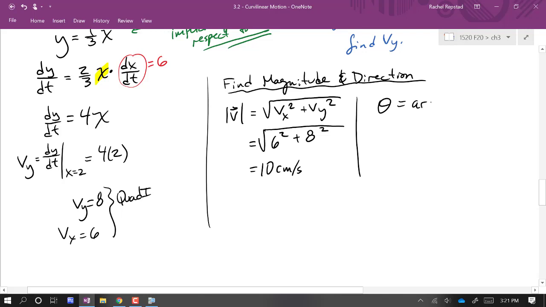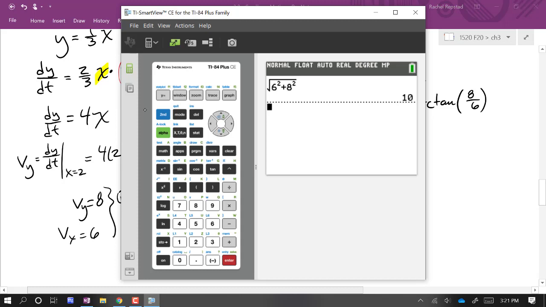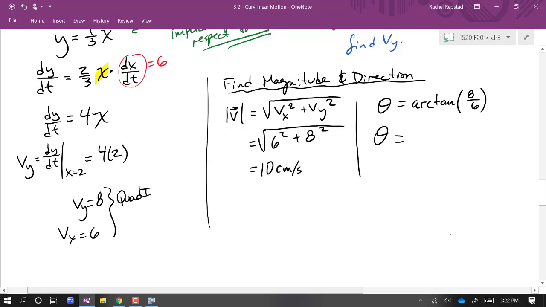Theta is just arctan of 8 over 6, which is 53.13 degrees. So our velocity vector is 10 centimeters per second at 53.13 degrees.